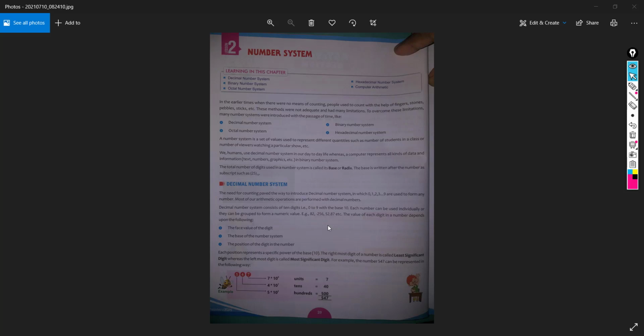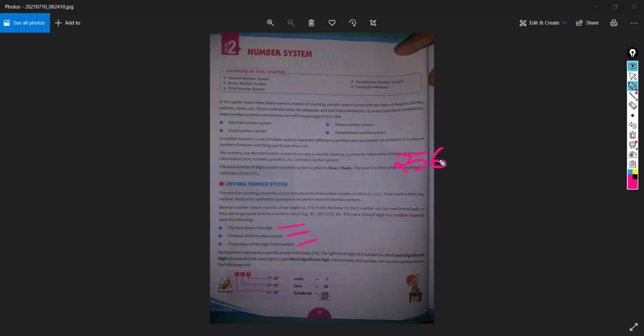Consider the same example given in the textbook, 256, which is a decimal number. The value of this decimal number depends on three things: the face value of the digits, the base of the number system, and the position of the digit in the number.